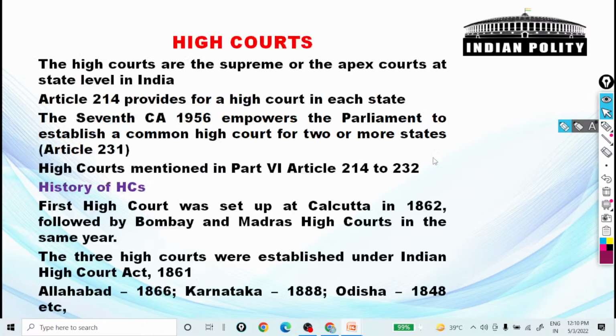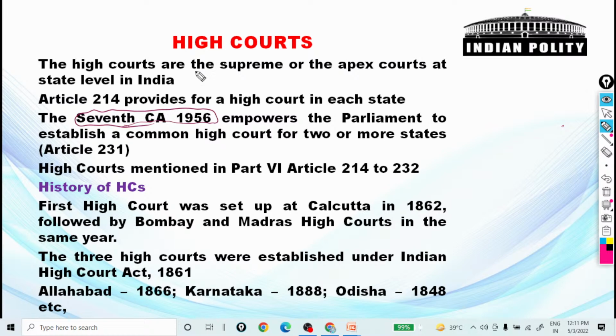So the Parliament can even establish high courts for union territories if it feels appropriate. Article 214 states that there shall be a high court for each state, but in the 7th Amendment Act 1956, as you can see on the screen, a legislation was passed empowering the Parliament to establish a common high court for two or more states.